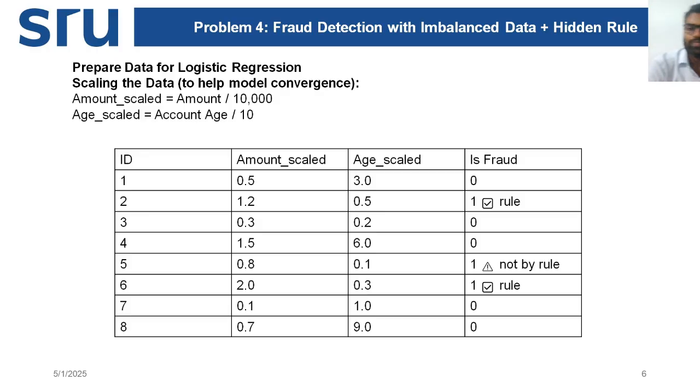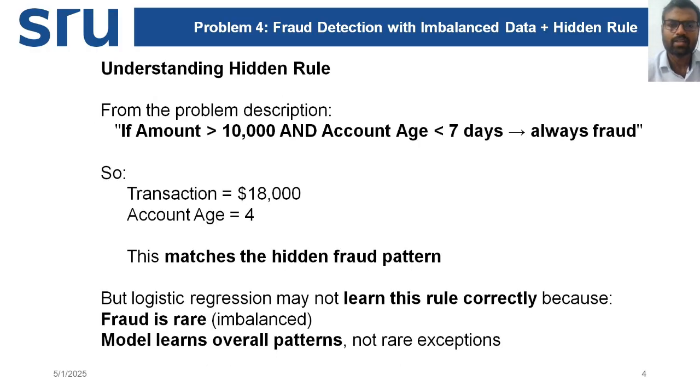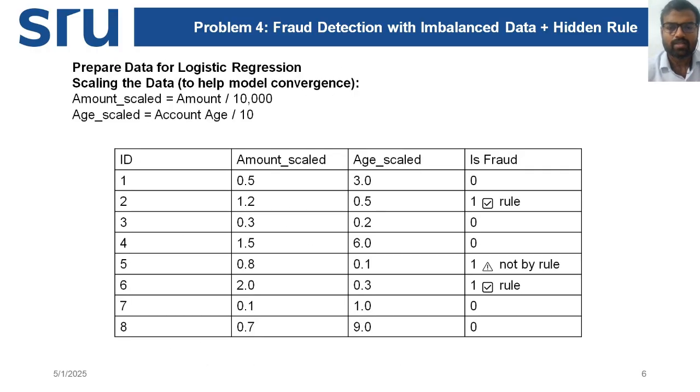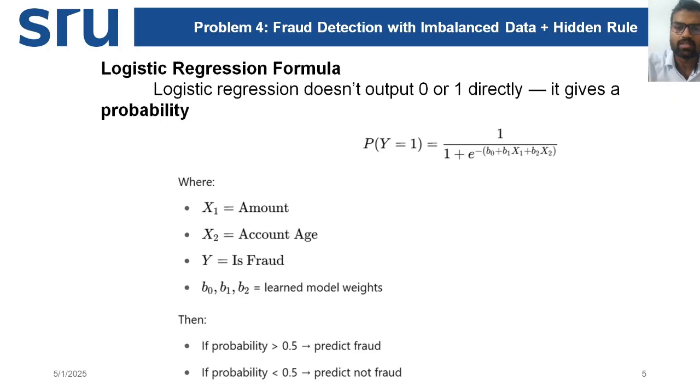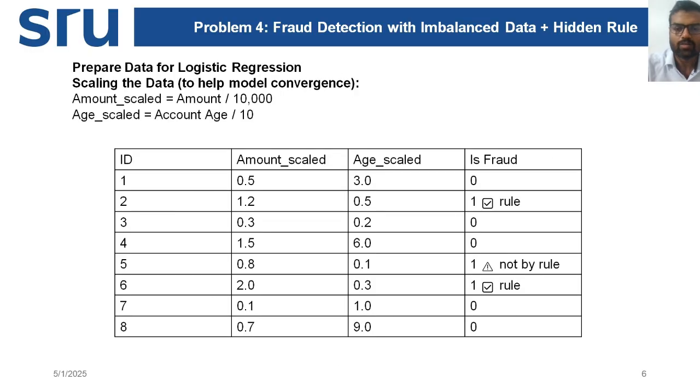Again, you observe greater than 10,000. Here suddenly it is 0.8, meaning 8,000, but it is less than 7 days, that is 1 day, and obviously it is fraud. So that is not following the hidden rule, that's why I wrote not by rule.